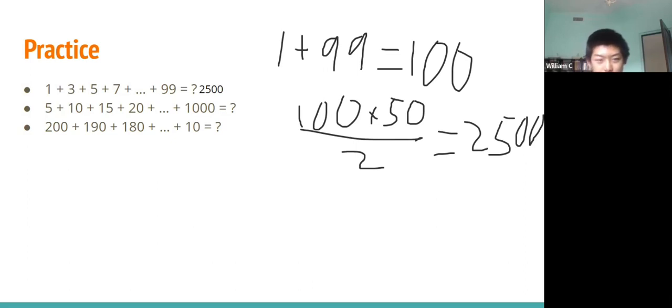So, want to try the next problem, using this theorem?